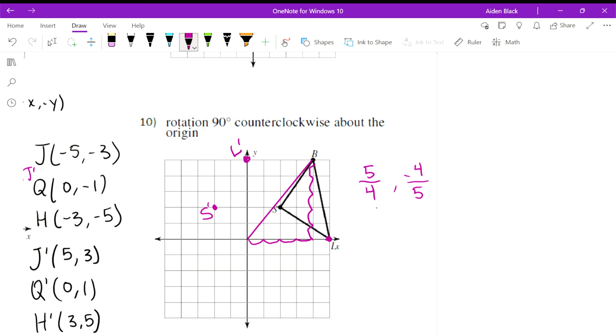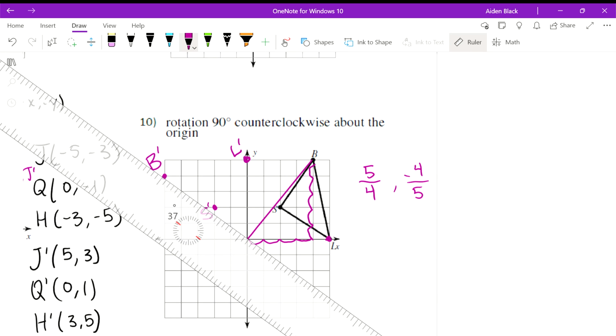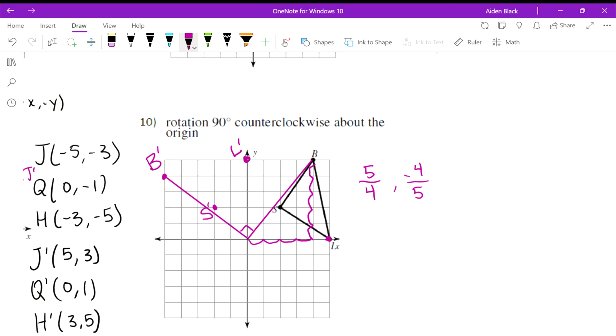So we'll go up 4, 1, 2, 3, 4, and over 5, 1, 2, 3, 4, 5. So this point right here would give us that line of negative 4/5. So here is our B prime. We know that between B prime, the origin, and B, we have that 90-degree angle, hence the 90-degree counterclockwise rotation.